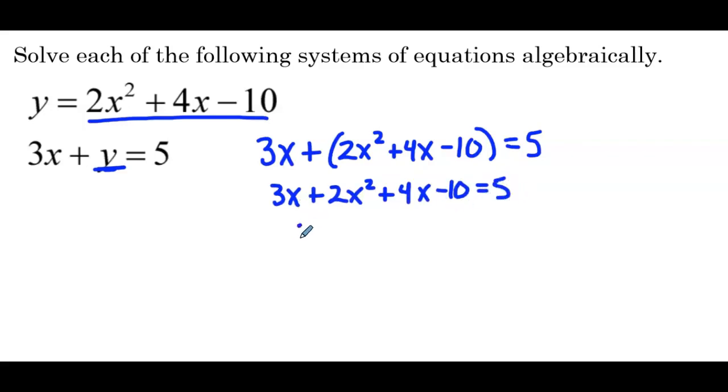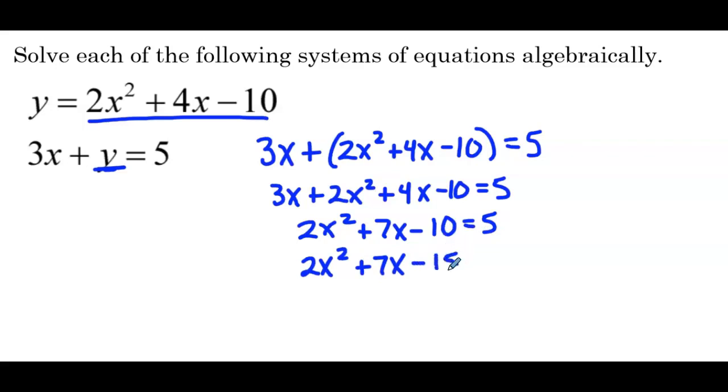We can combine like terms on the left side, so 2x squared plus 7x minus 10 equals 5. We have a quadratic equation, so we need that equal to 0. We can subtract 5 on both sides, so minus 15 equals 0.